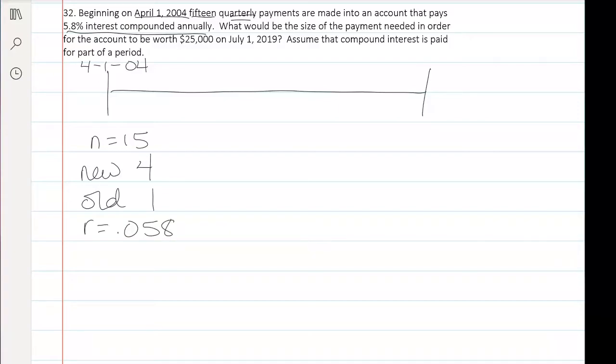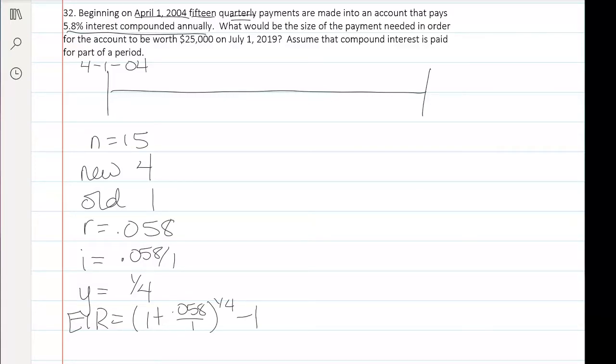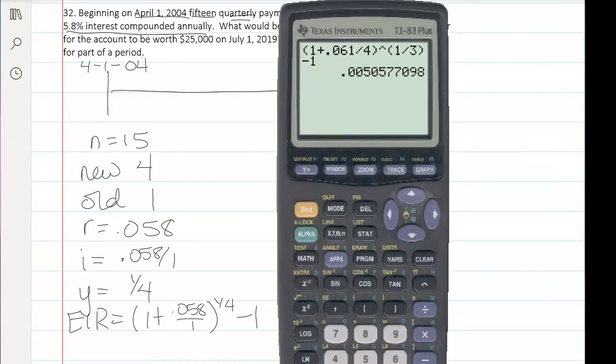That tells us that our current I is 0.058 over 1, and that our exponent is going to be 1/4. So the EIR is going to be 1 plus 0.058 over 1, to the 1/4, minus 1. Let's do that quick on the calculator.